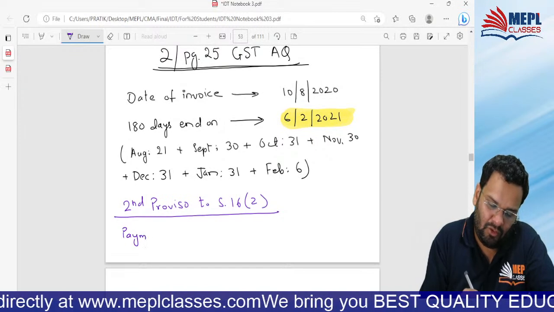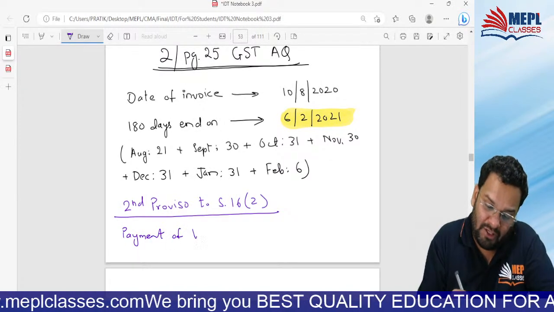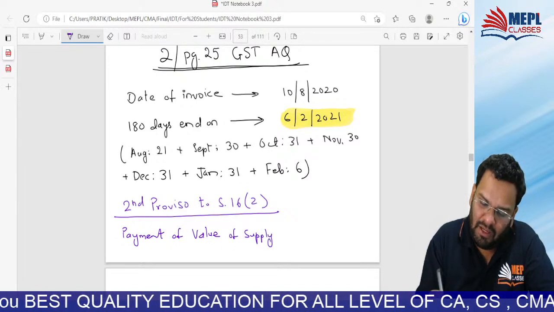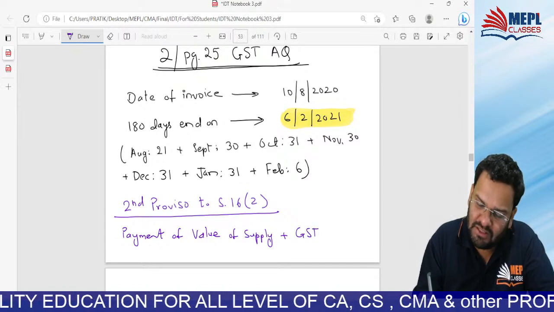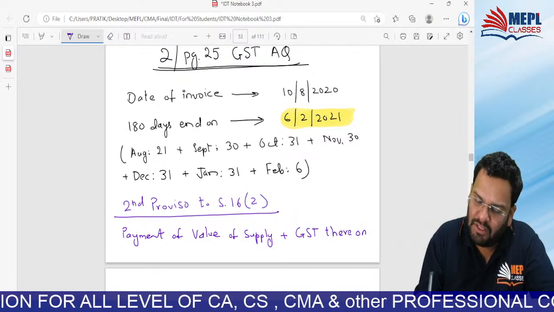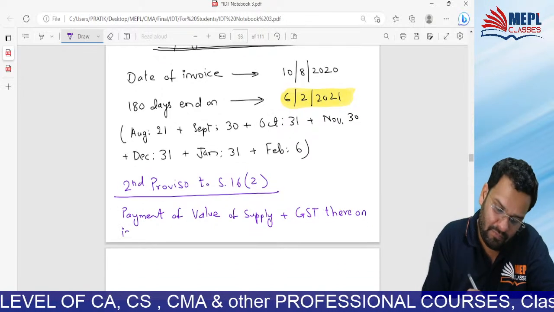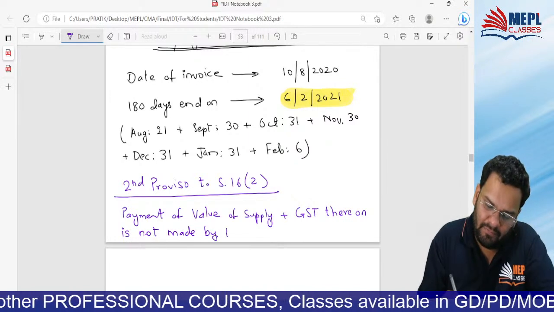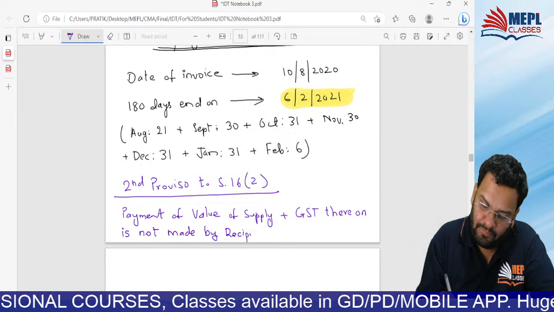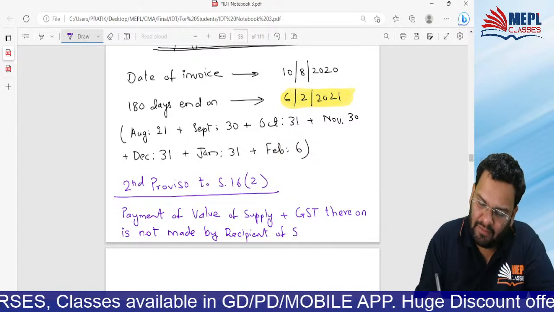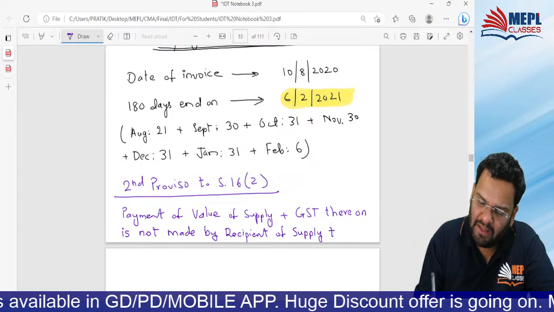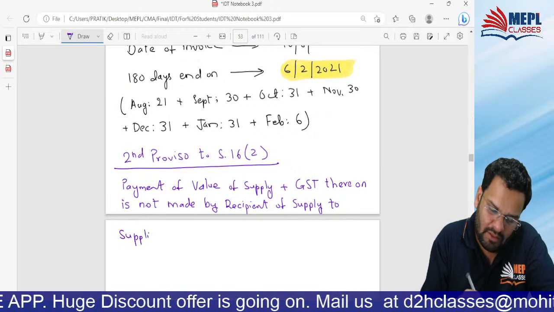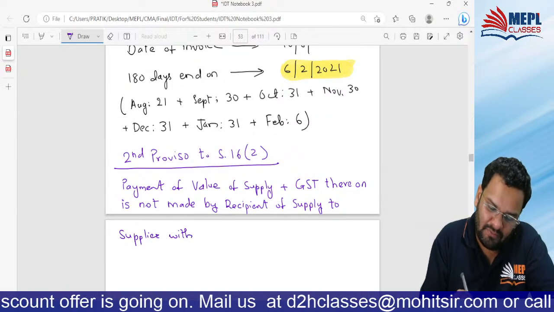Payment of value of supply plus GST thereon is not made by the recipient of supply to the supplier within how many days?